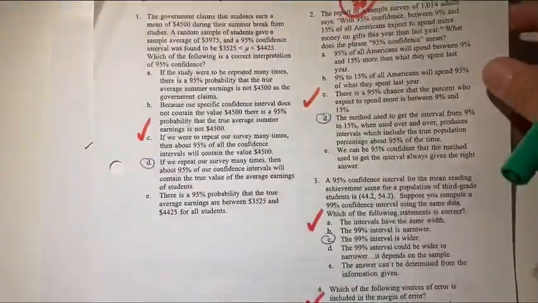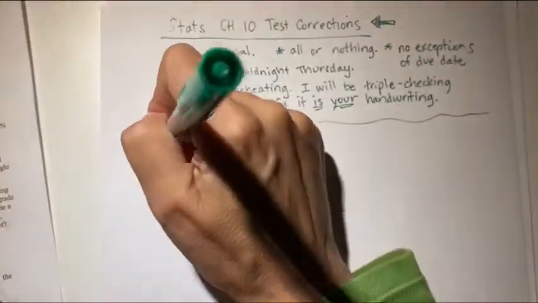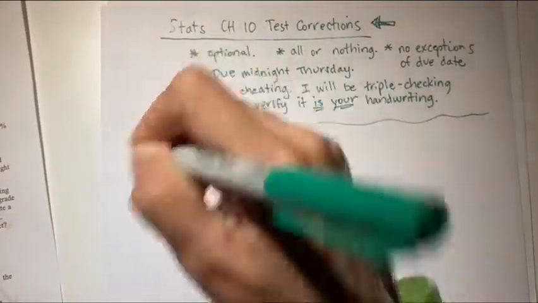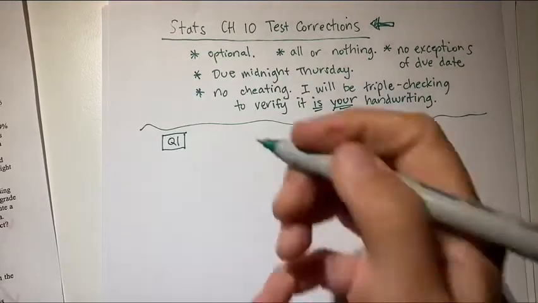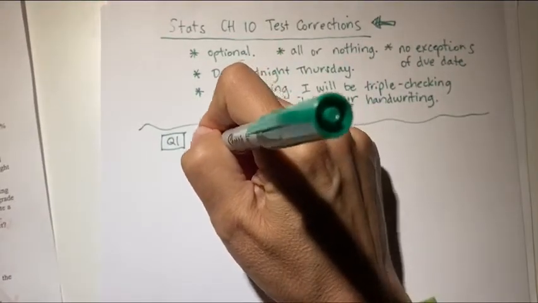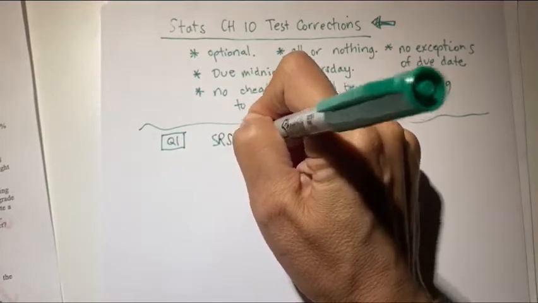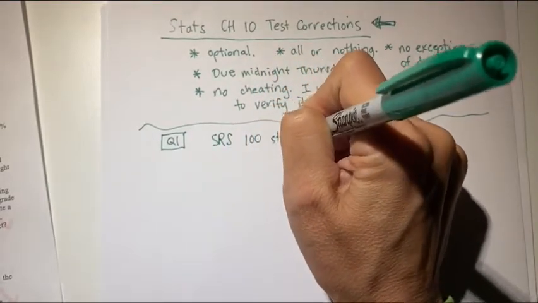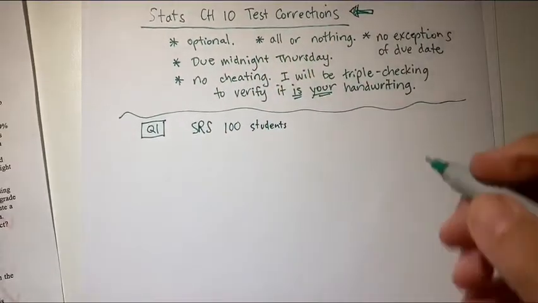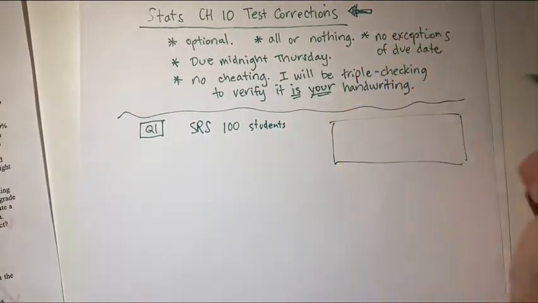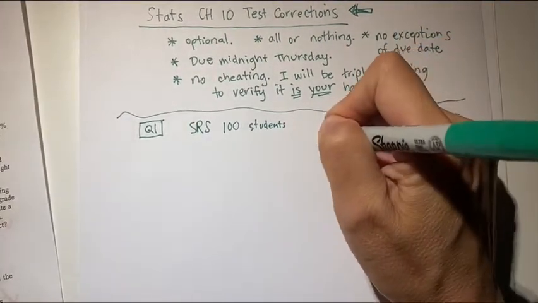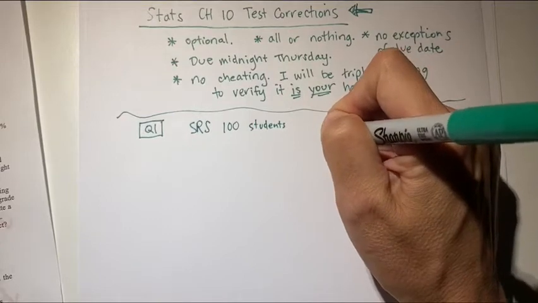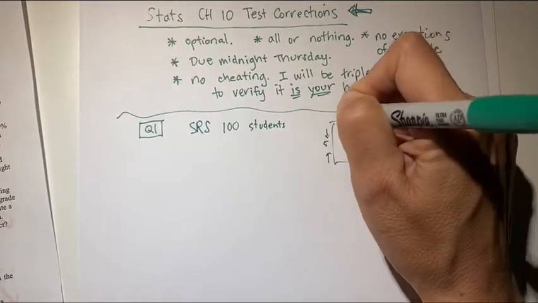So if we look at this, we actually did this activity in class. So question number 1. If you take a random sample, let's say you take a simple random sample of 100 students. Hopefully you can picture these 100 students here. Let's say there's a list of five rows and 20 here.